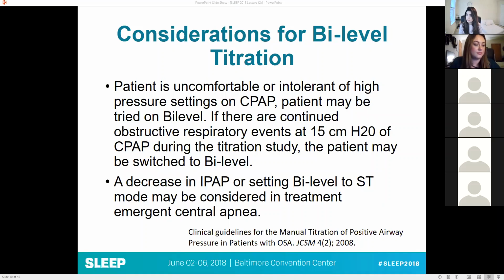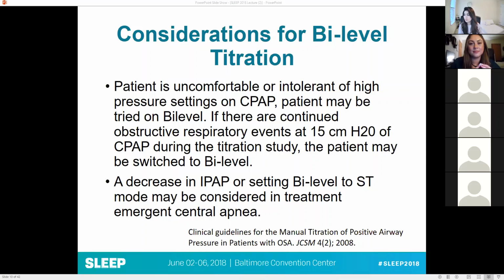So when we're, again, considering people for bilevel titration, many times in the sleep apnea patient, we'll do it if they're uncomfortable and intolerant of the high pressures. And if they have continued respiratory events when they're on a CPAP pressure of 15, we may also switch them to bilevel.